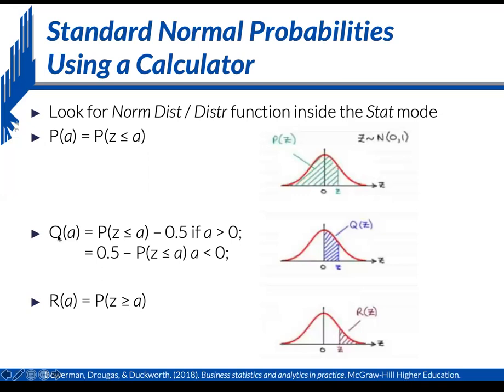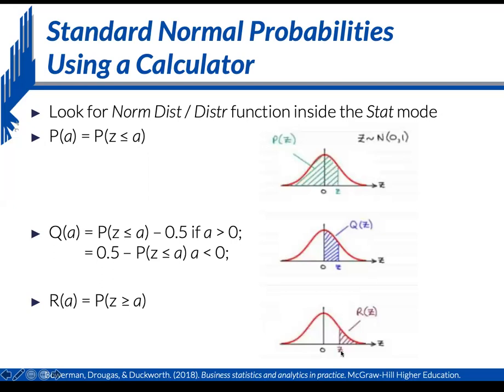Q, on the other hand, refers to this kind of standard normal table. So whatever z-score you input using the Q function, the calculator will give you the area between 0 and whatever that z-score is. And then the third one, the R function, gives you the area to the right of whatever z-score you input in your calculator.